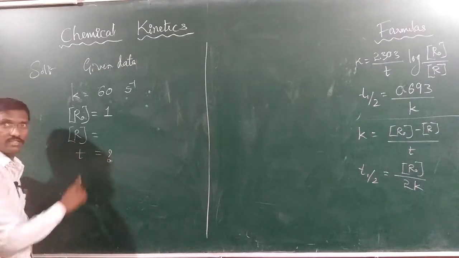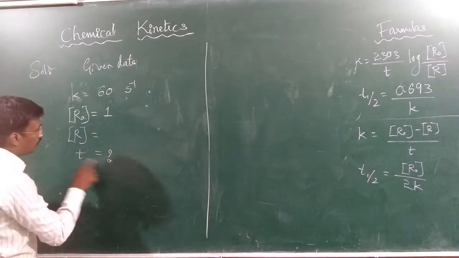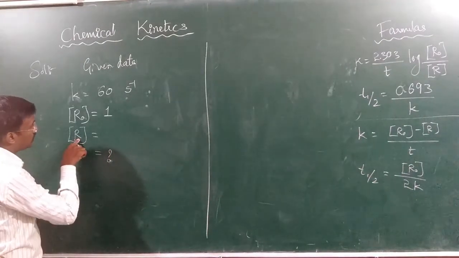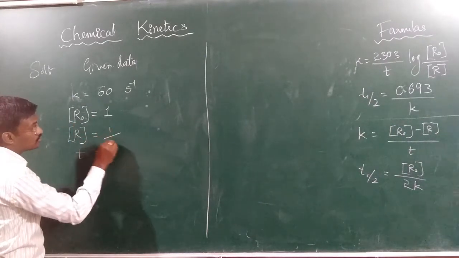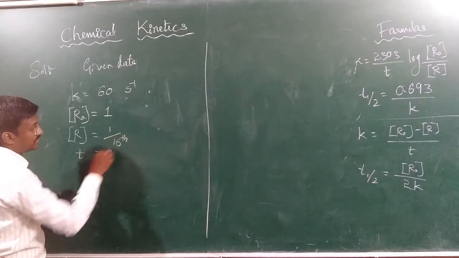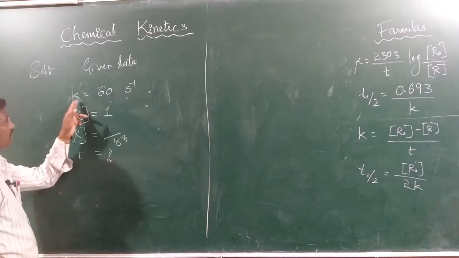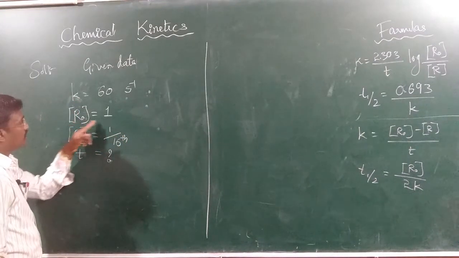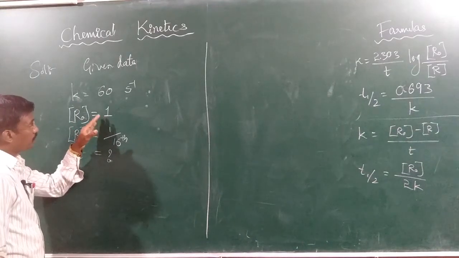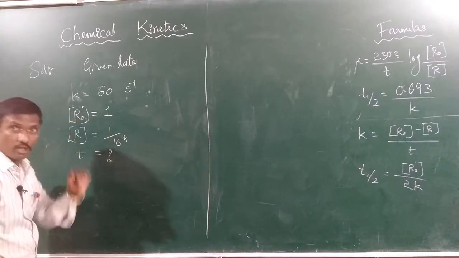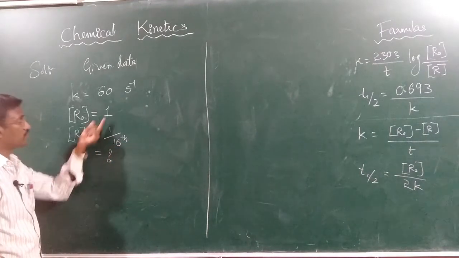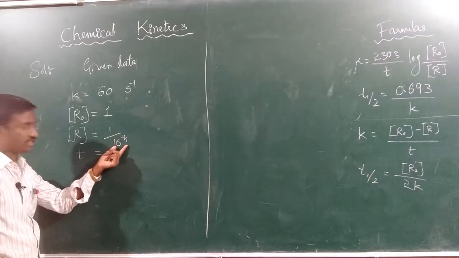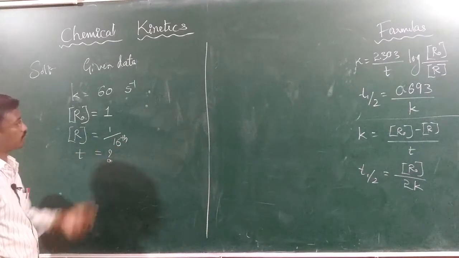It's not t half, it's simply t. Therefore, at what time is the initial concentration reduced to 1/16th? That is the question. The initial concentration is nothing but 1. When this is reduced to 1/16th, how much time does it take? So this is what we have to calculate.